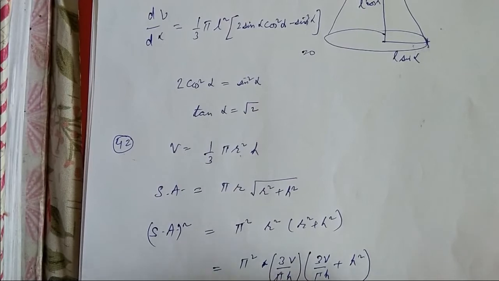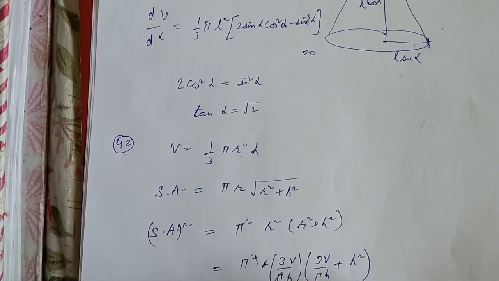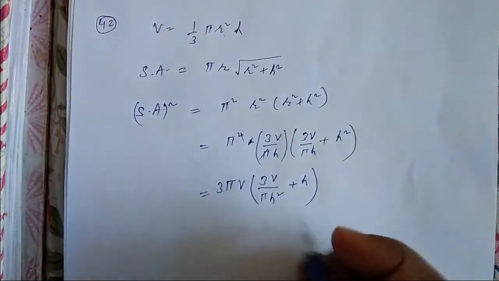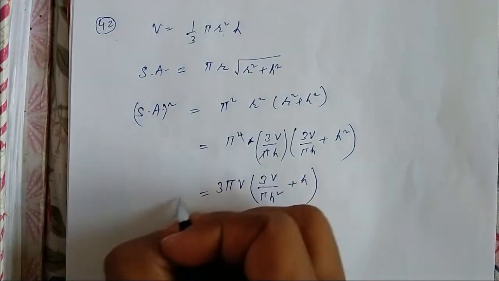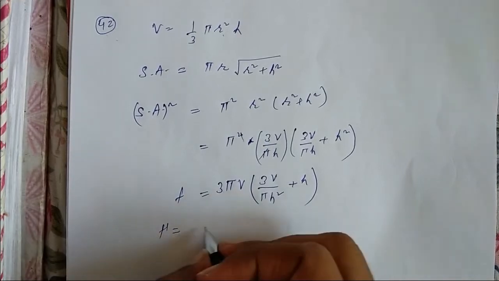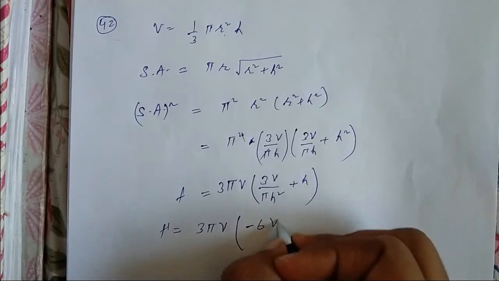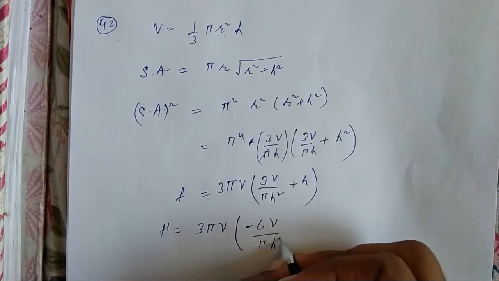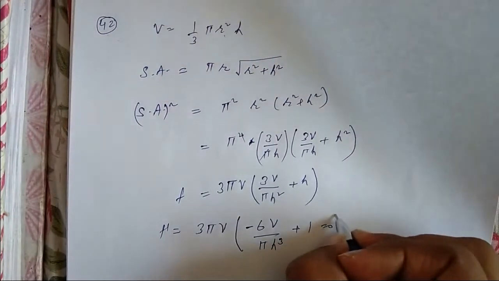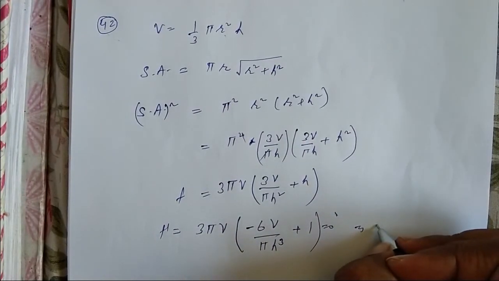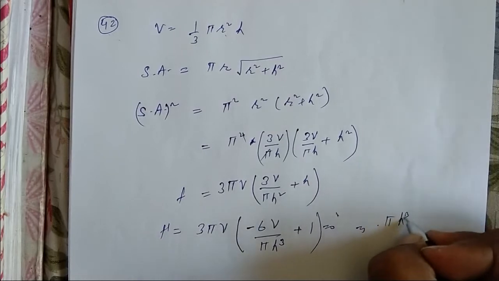Three π V, π H² plus H. So differentiate this for minimum value. Let this be f. So f dash equal to 3πV minus 6V by πH³ plus 1 is equal to 0. So this implies πH³ is equal to 6V.